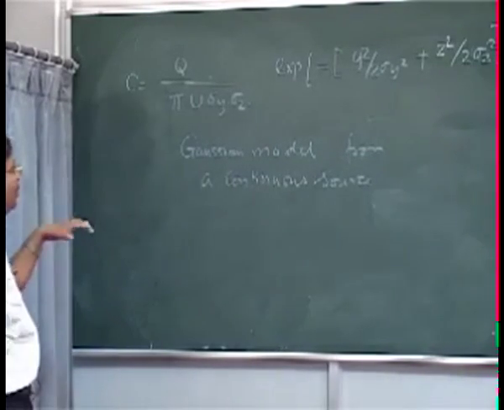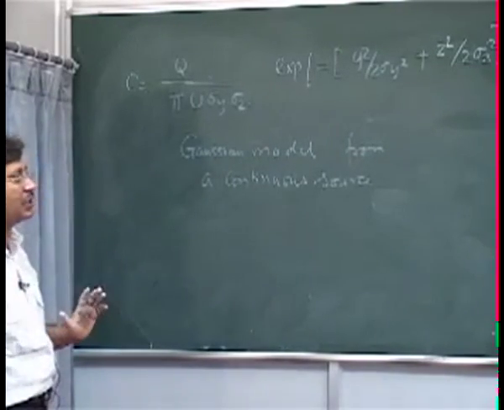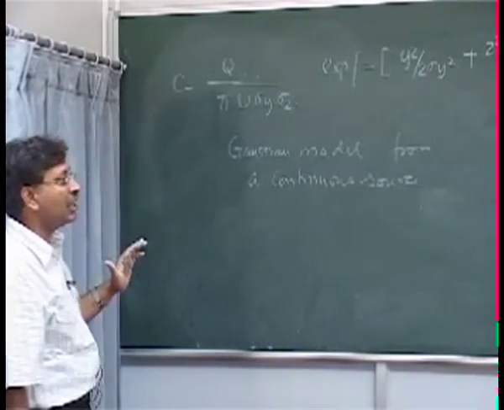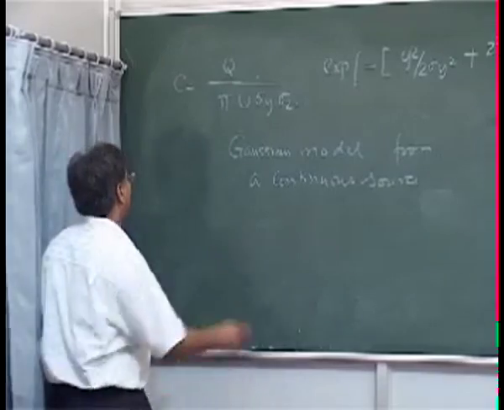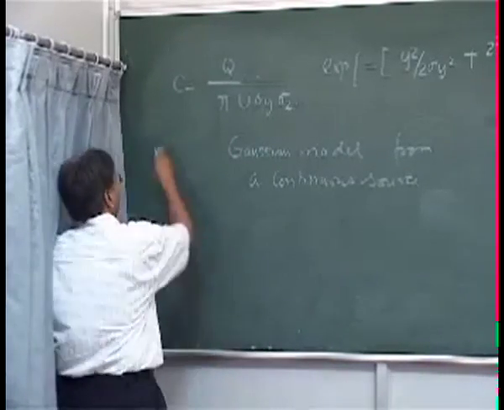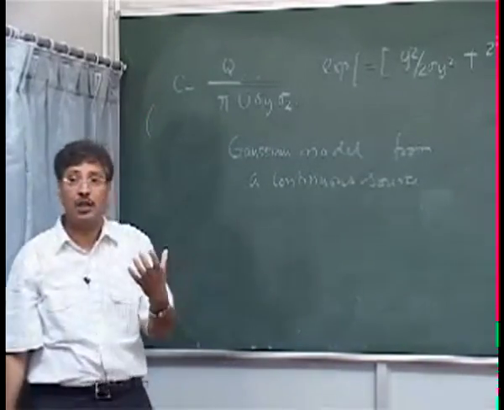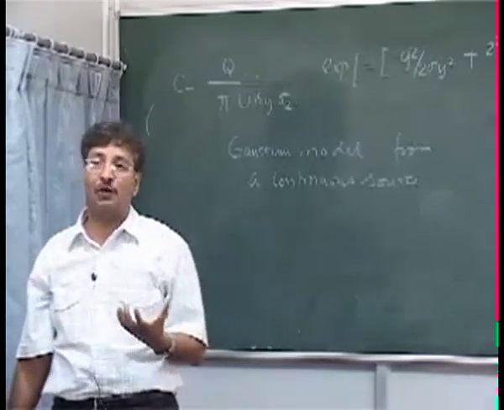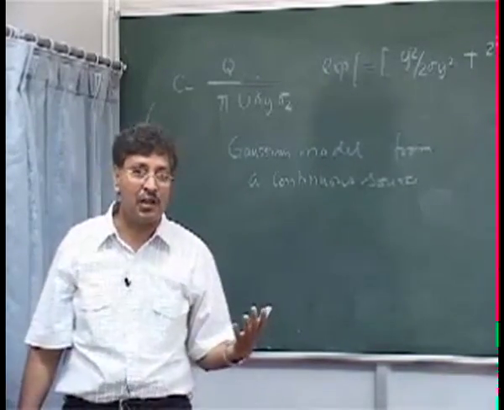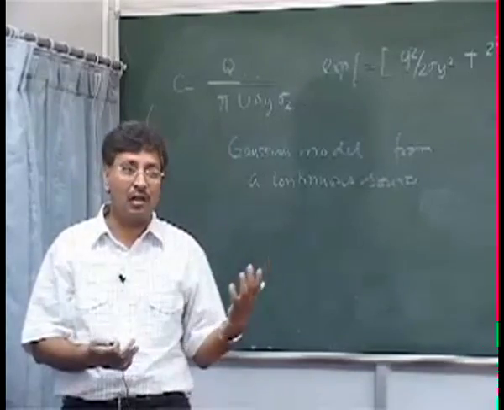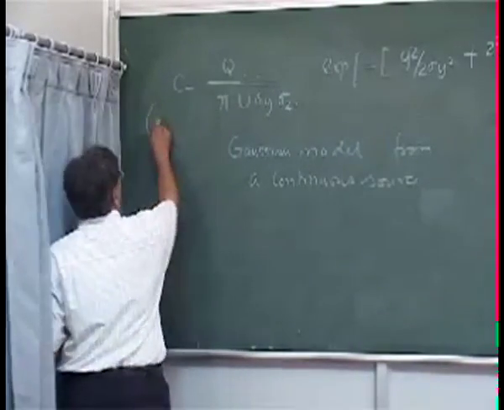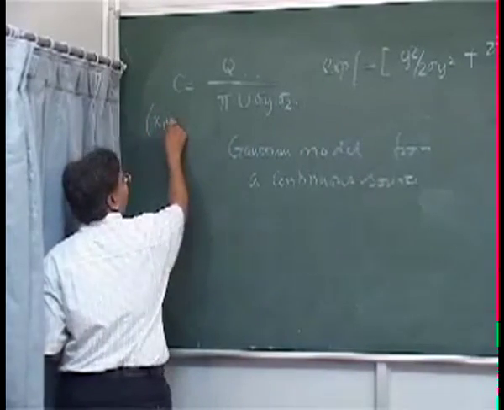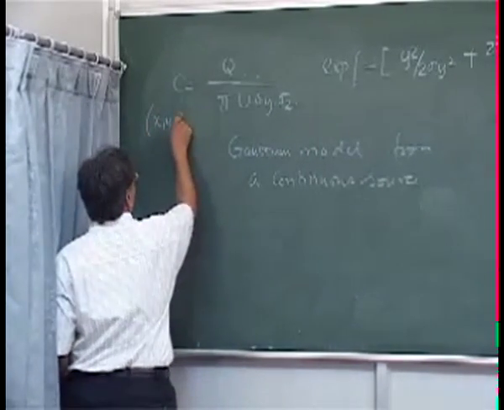And when I want to find out C, I have not lost the feature of 3-dimensionality. I made some assumptions, but my model is valid in 3 dimensions. So this C will be at any value of x, y and z.